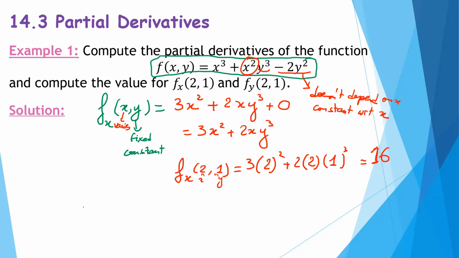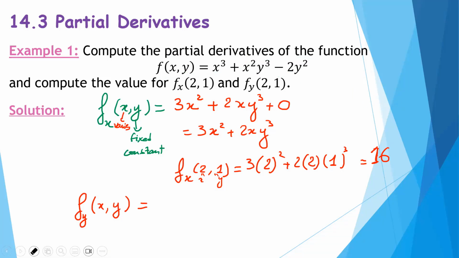If we want to do the same thing, but now we want to calculate fy. X cubed will be 0 because there is no y. Exactly. So here, no y, so this is a constant with respect to y. Bravo. So 0.